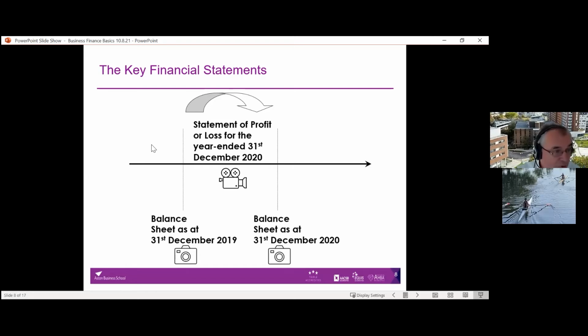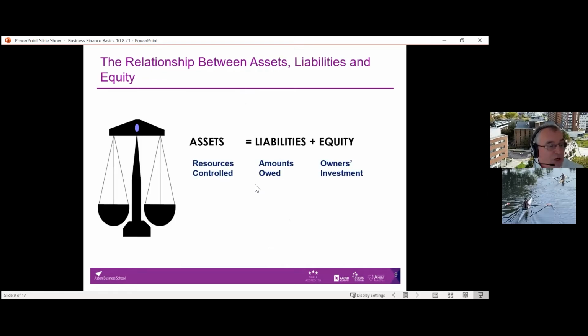So there's an overview. I'm going to take us forward by focusing a little bit more on the balance sheet itself, the first of these two statements. The balance sheet is best understood as providing information about three packages of financial numbers.